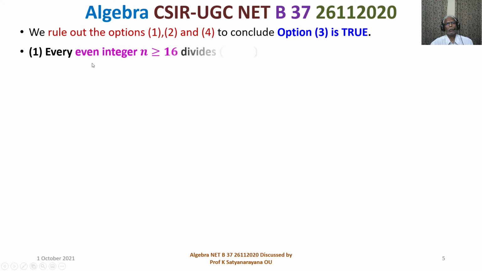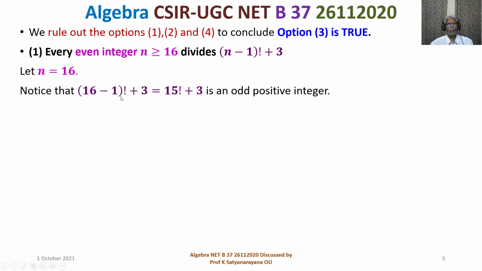So how do we rule out option 1? Option 1 is every even integer n greater than or equal to 16 divides (n minus 1) factorial plus 3. Let us take n equal to 16. Then (16 minus 1) factorial plus 3, which is 15 factorial plus 3, is an odd positive integer.